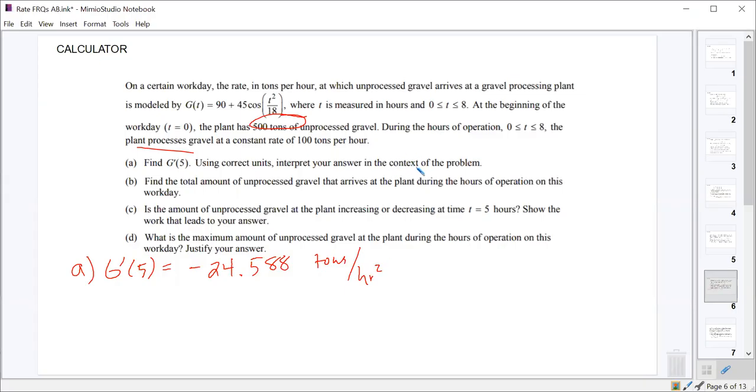The context is that the rate at which the unprocessed gravel is arriving is decreasing at 24.588 tons per hour squared. So the rate at which it's arriving is slowing down, is decreasing. Does that make sense to everybody?